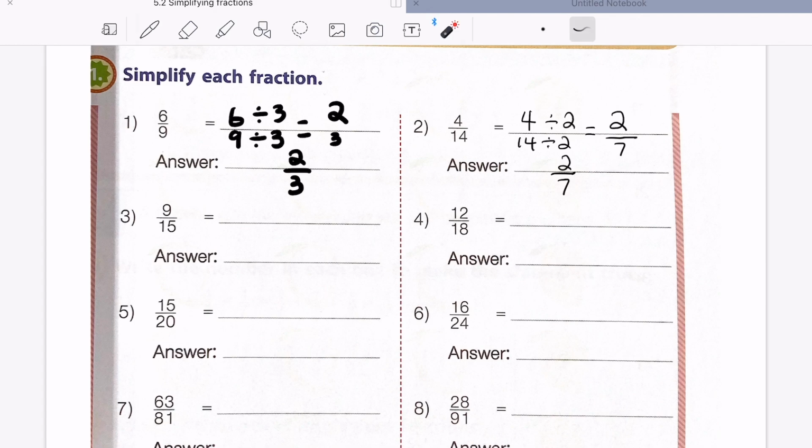Let's take a look at number 3. 9/15. What's a small number we can try dividing by? We did it earlier. What divides 9 and 15? Very good. What number is that? 3, right?